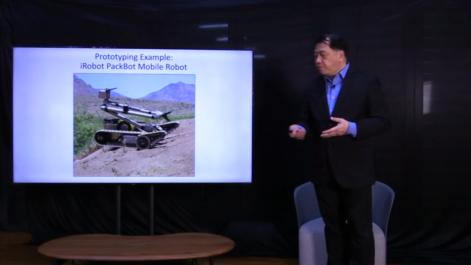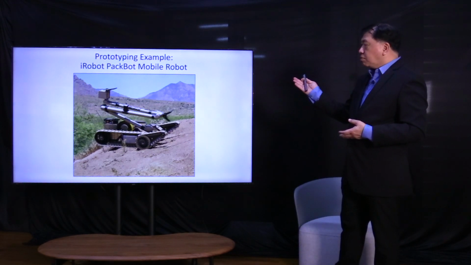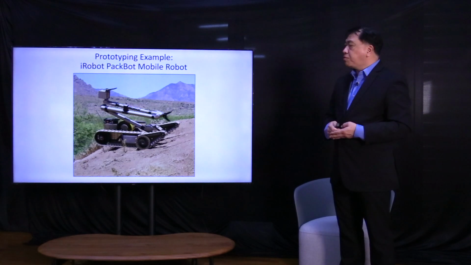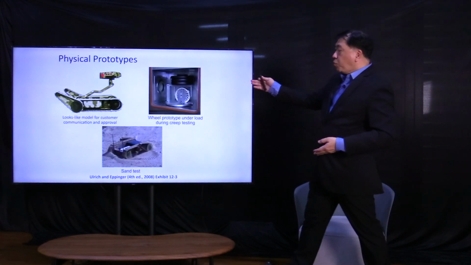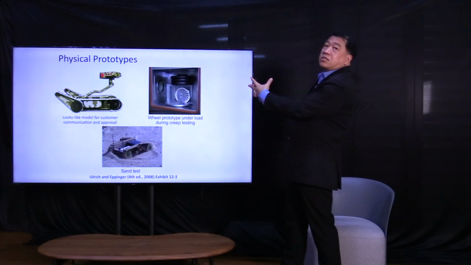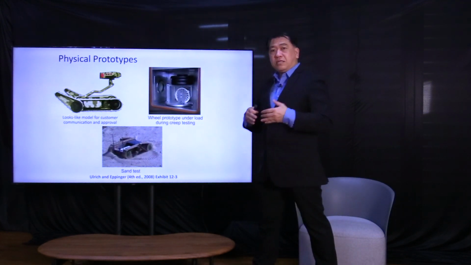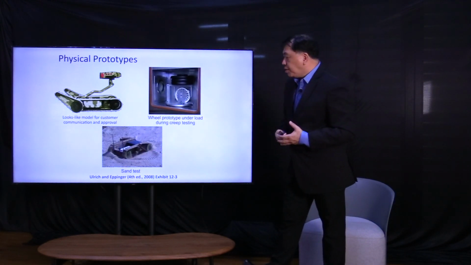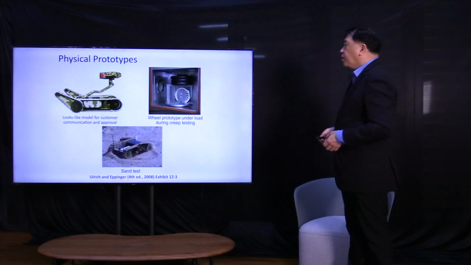So for example, from the Ulrich and Eppinger book, the iRobot PackBot mobile robot. This is a robot, and you can look at the physical prototypes. You can have the wheel testing. This is focused, but physical testing. This is the looks-like model, a drawing or a CAD model, and then you have the sand test, which is the real proof-of-concept test in the field.